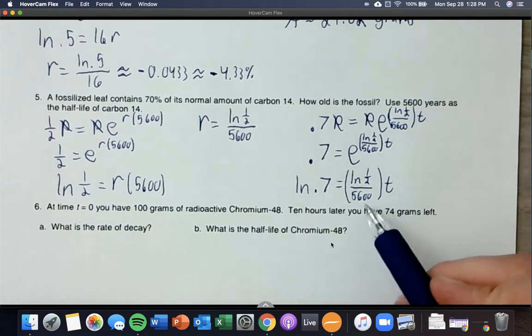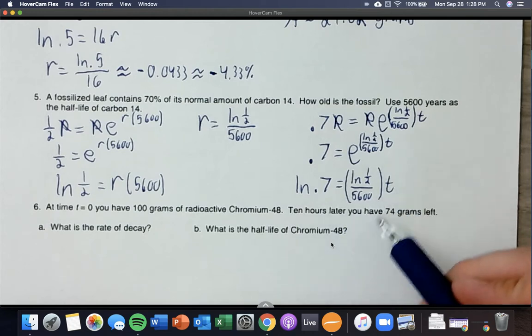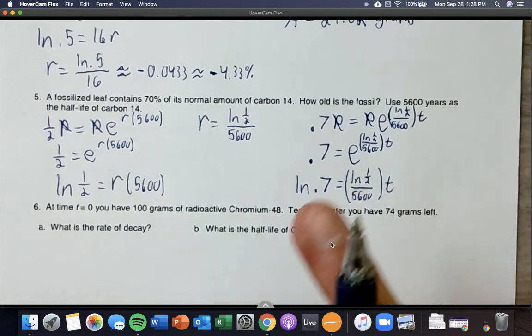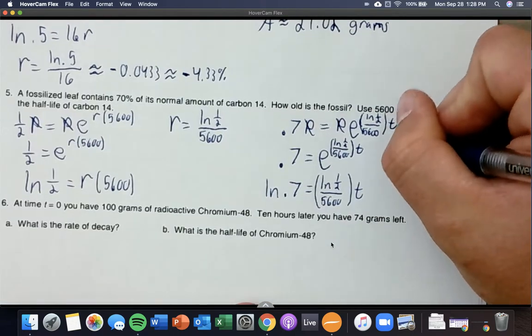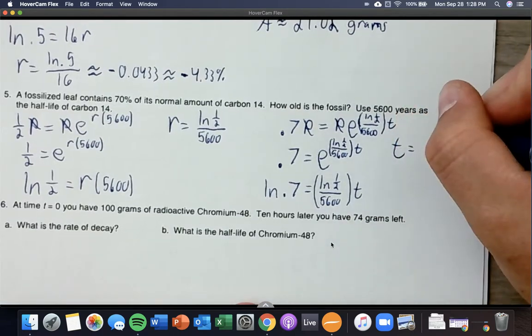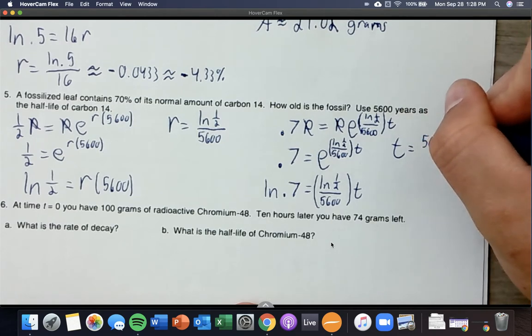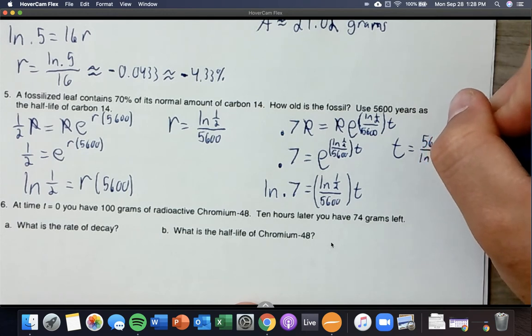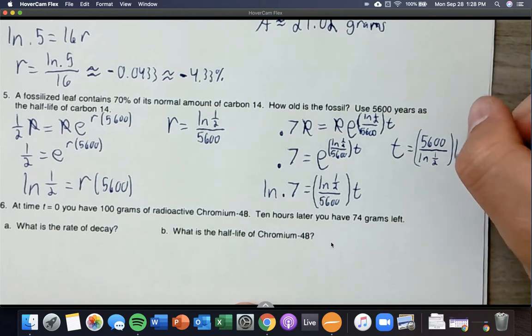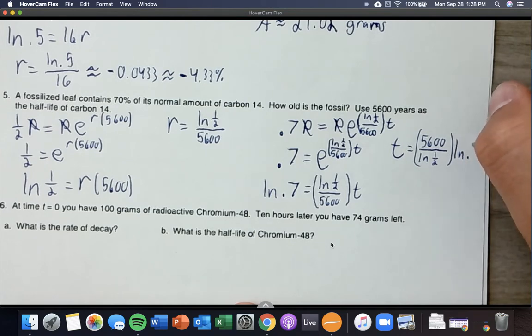All right, so we can divide this whole thing over. And remember, when we divide by a fraction, we're really just flipping it to the other side. So we can say t is equal to 5,600 divided by natural log of 1/2, and that's going to be times the natural log of 0.7.